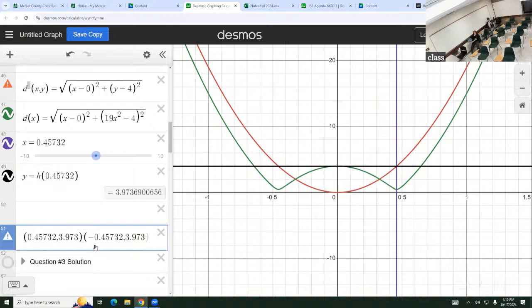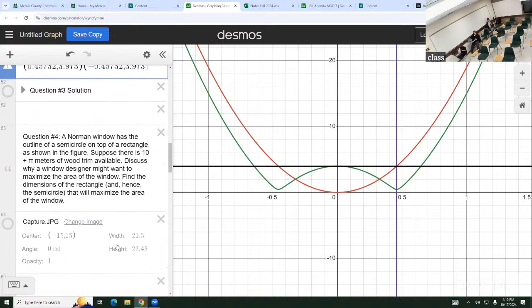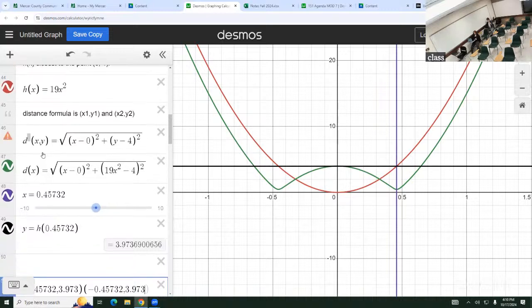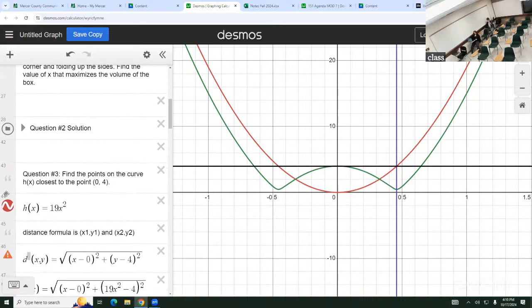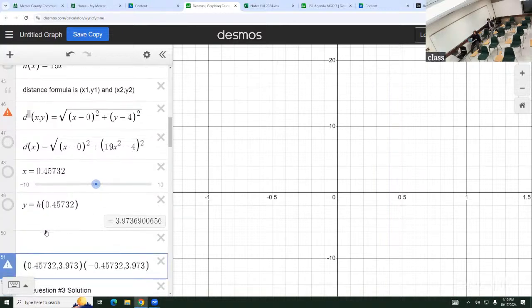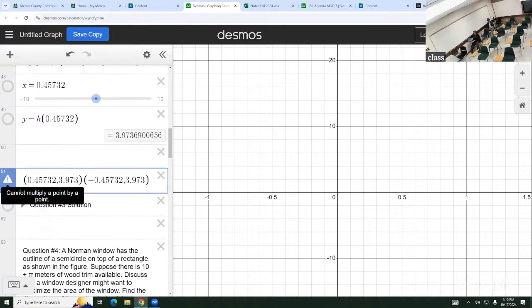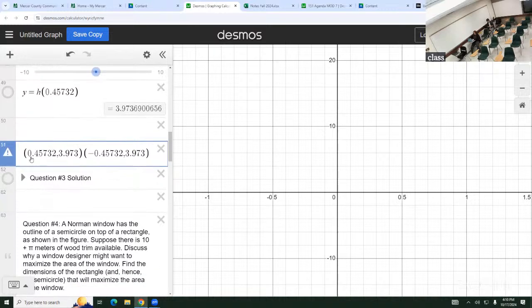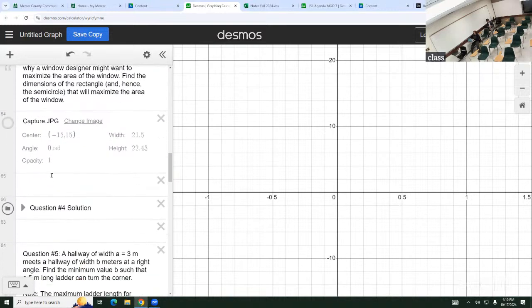Okay, those are the 2 points. All right. Any questions on that? Do you get the idea though? So it's just a matter of having a constraint.